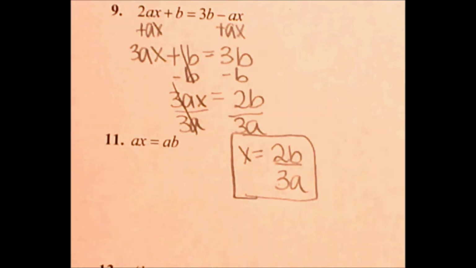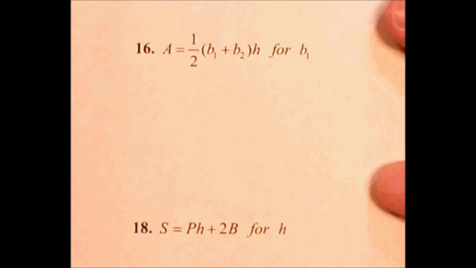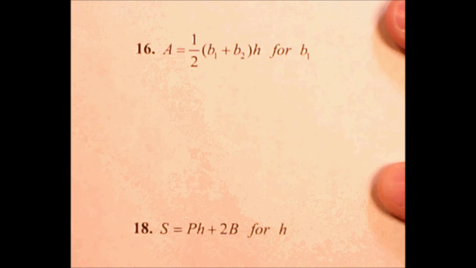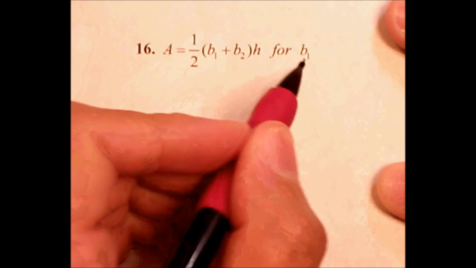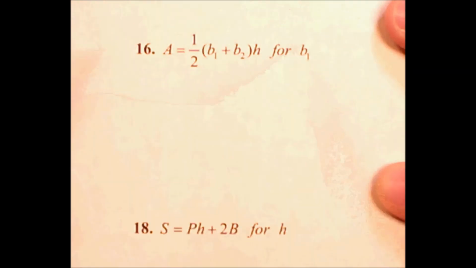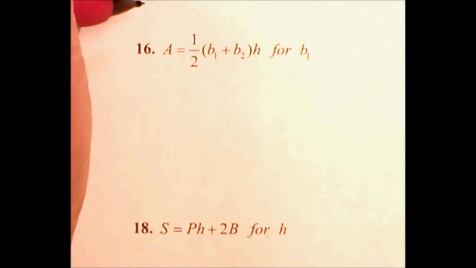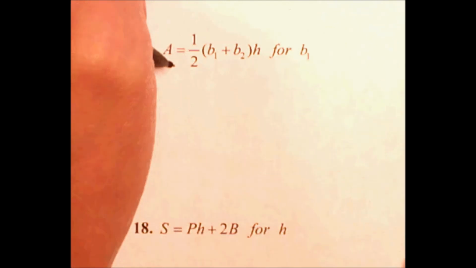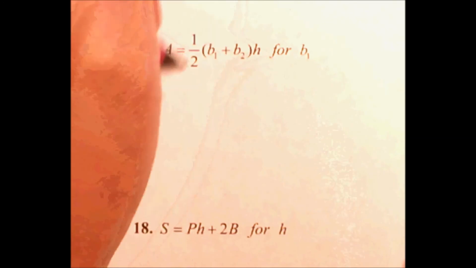Flip the page. Number 16. For this, we're solving for the indicated variable. In this case, it's b1. So, I'm going to start off by, let's see, I'm going to multiply both sides by 2.